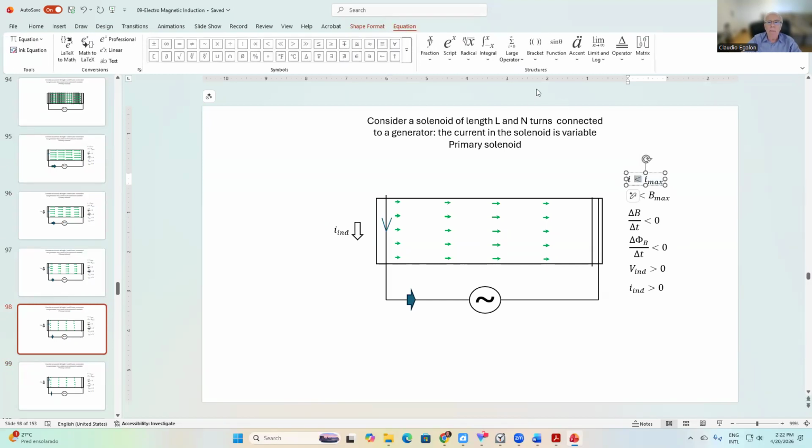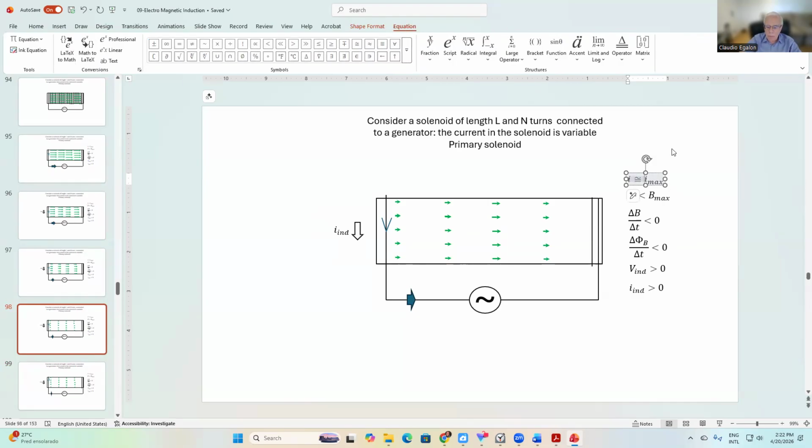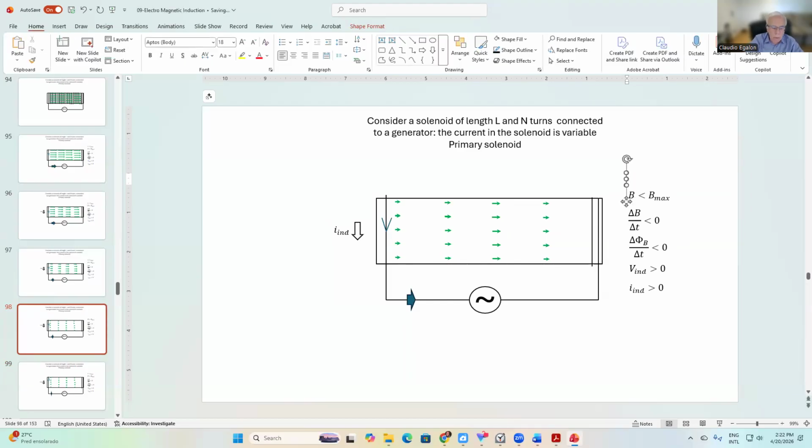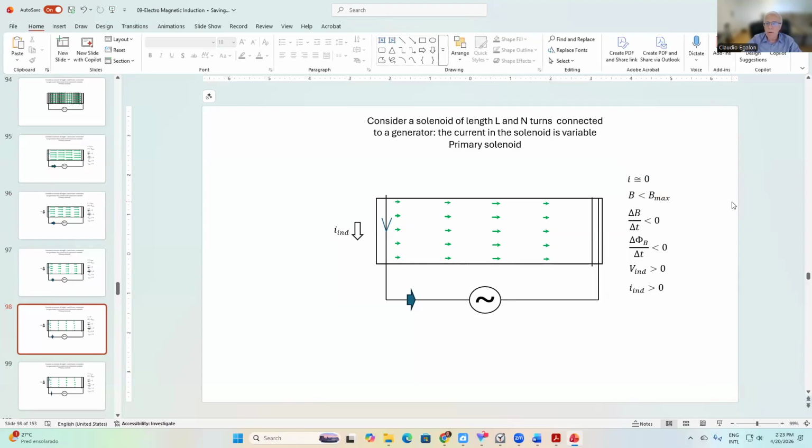Write that down, approximately zero. It's about to become zero.